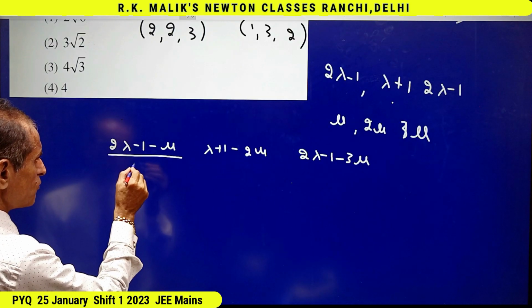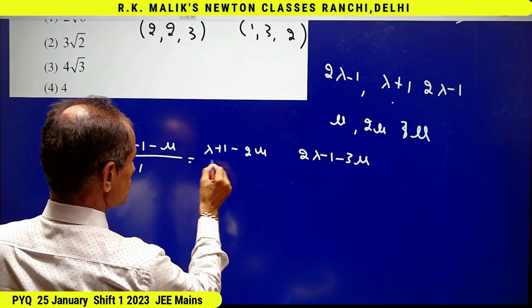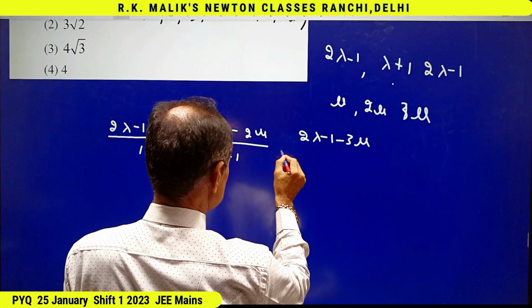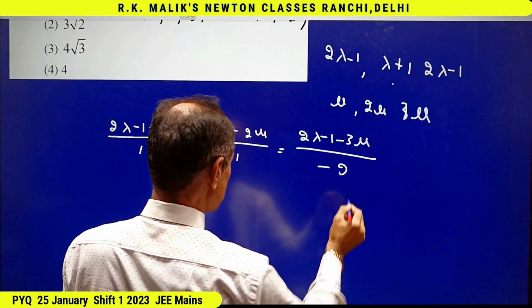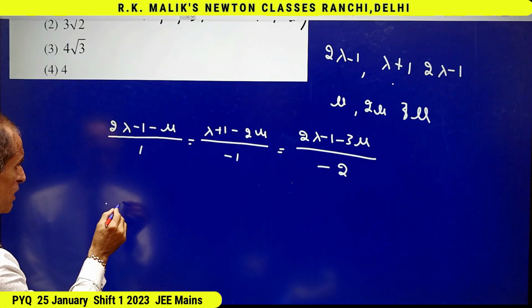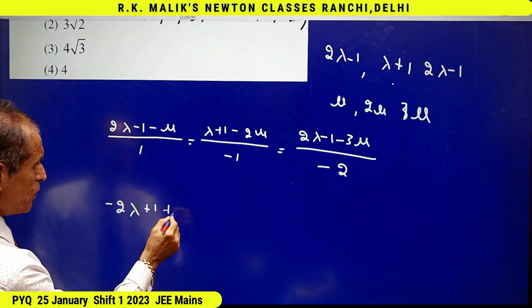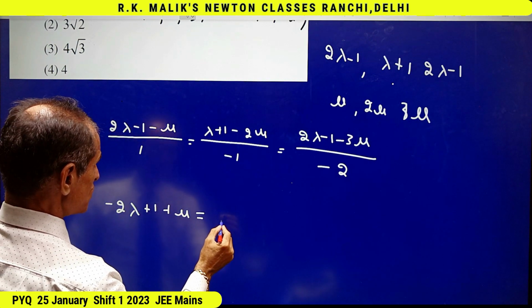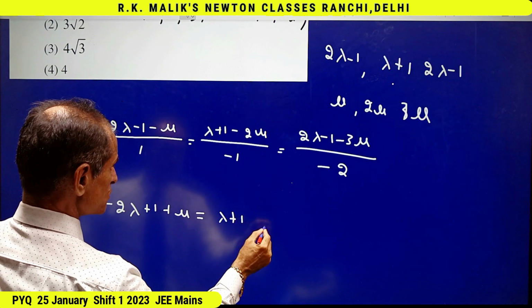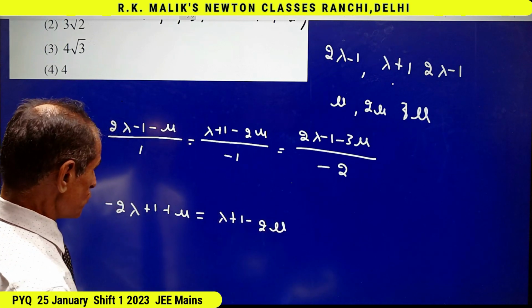Therefore this upon 1, this upon minus 1, this upon minus 2. That is, I will get minus 2 lambda plus 1 plus mu equal to lambda plus 1 minus 2 mu.